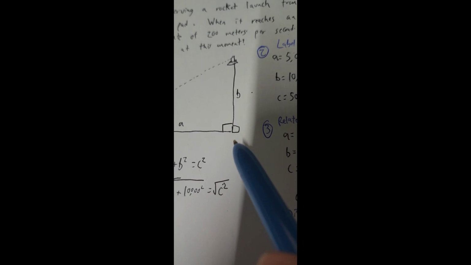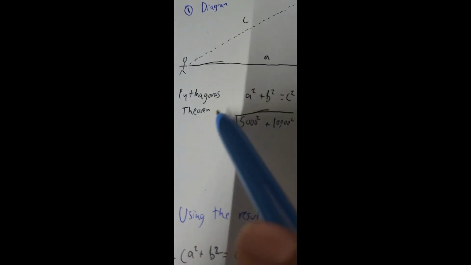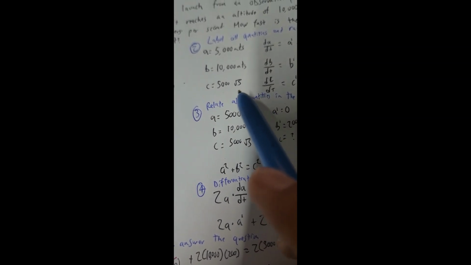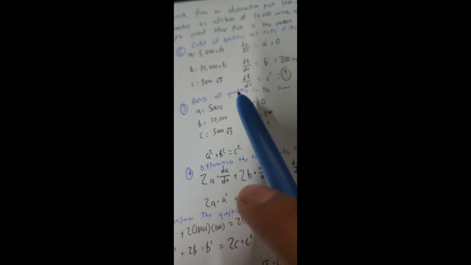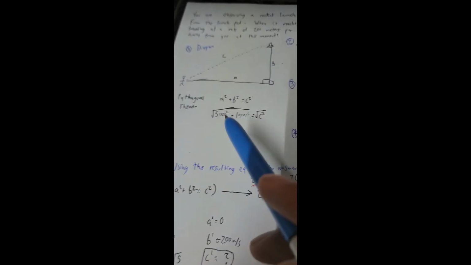C we don't know yet, but using the Pythagorean theorem, we can conclude that it is 5,000 square root of 5 meters. Now number 3: relate all quantities in the same equation. We have it right here.